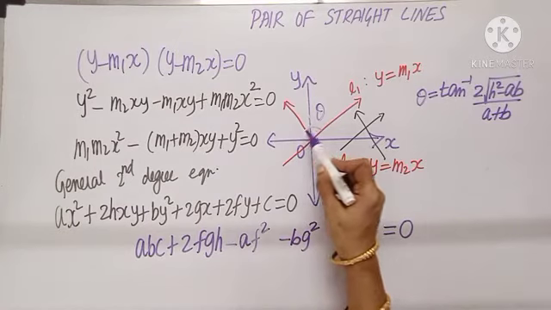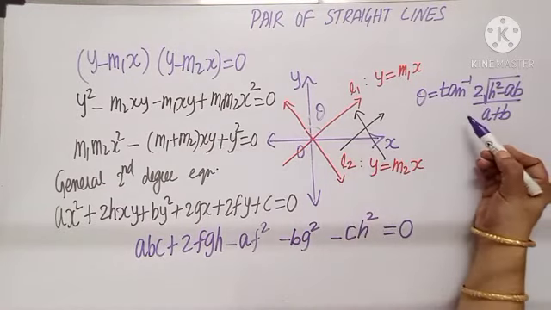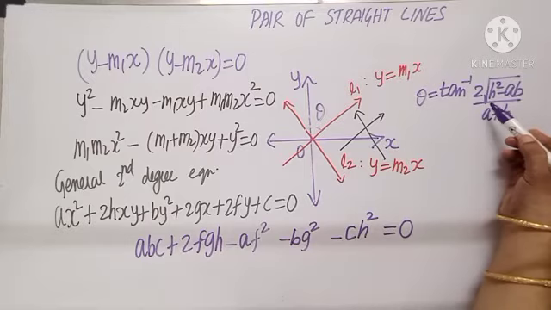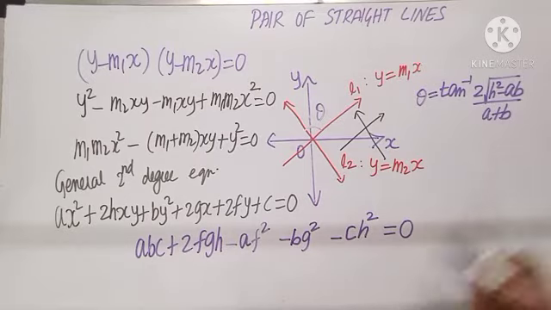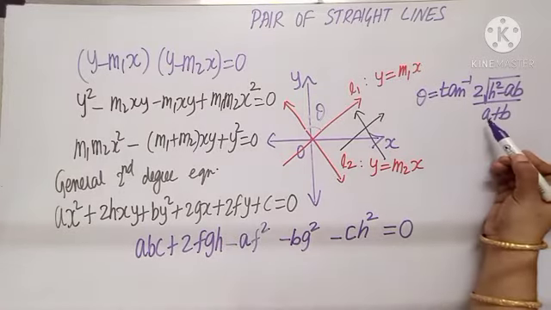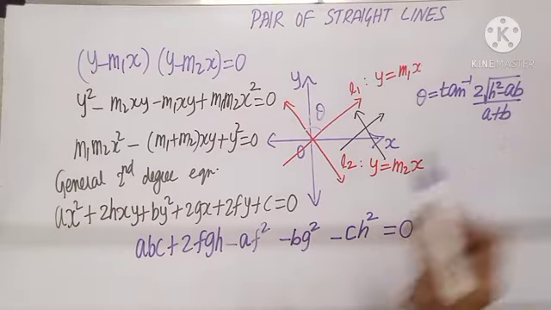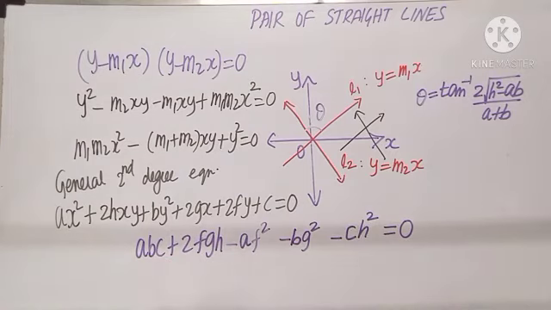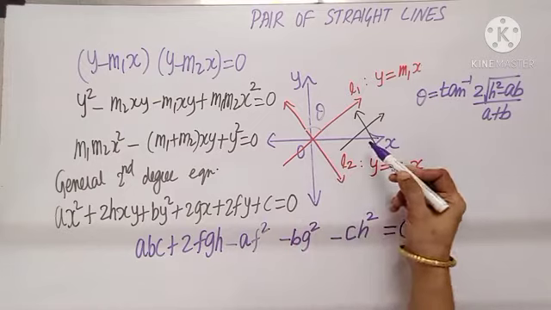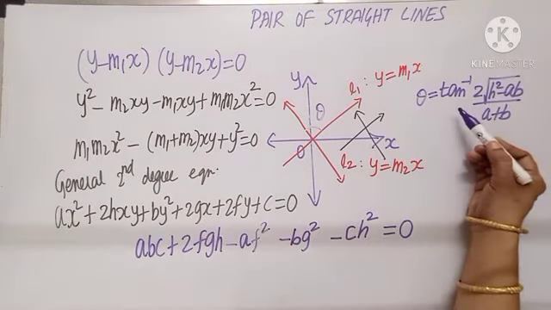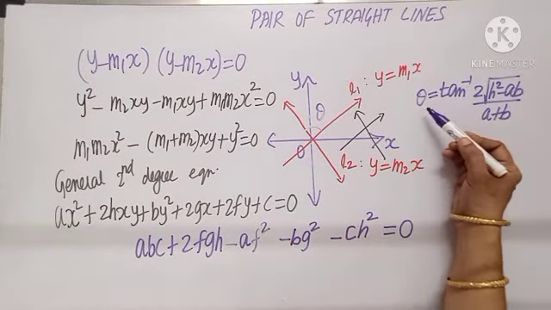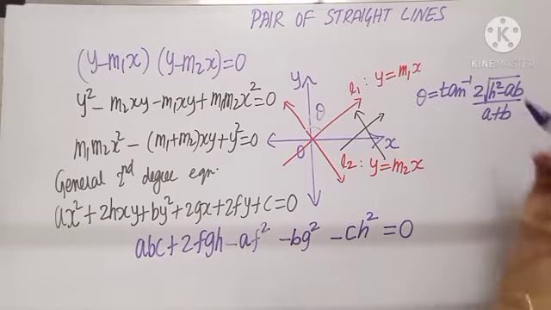Angle between two lines, we declare the formula tan inverse 2 root of h square minus ab by a plus b, where a is the coefficient of x square, b is the coefficient of y square, and h the coefficient of 2xy. So given an equation, whether it is passing through the origin or not, we have the same formula because angle depends only on a, b, h.